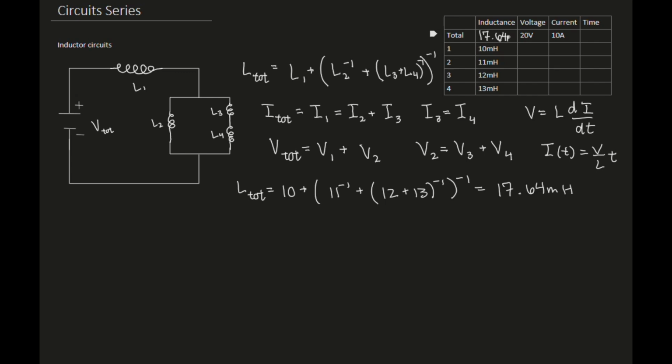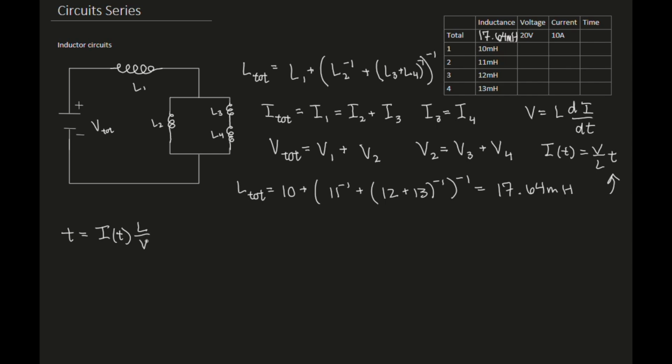I can now use this total inductance to calculate the amount of time it's going to take to charge to 10 amps. I'm going to rewrite this equation in terms of time. Time is equal to my current as a function of time divided by the voltage over the inductance, or multiplied by the inductance over the voltage.